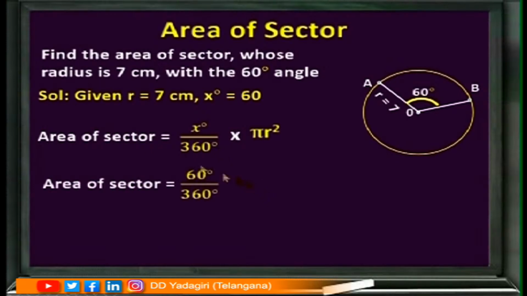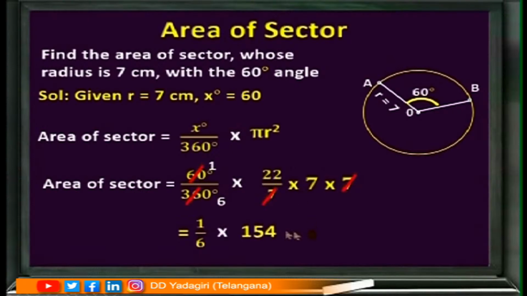Area of sector is equal to, substituting the values, x is equal to 60 by 360 into pi, which is nothing but 22 by 7, r is 7 into 7. Now I can cancel: 60 1s are 60, 60 6s are 360, also 7 1s are 7, 7 1s are 7. So I can multiply 22 into 7, 1 by 6 into 22 into 7 will be 154.